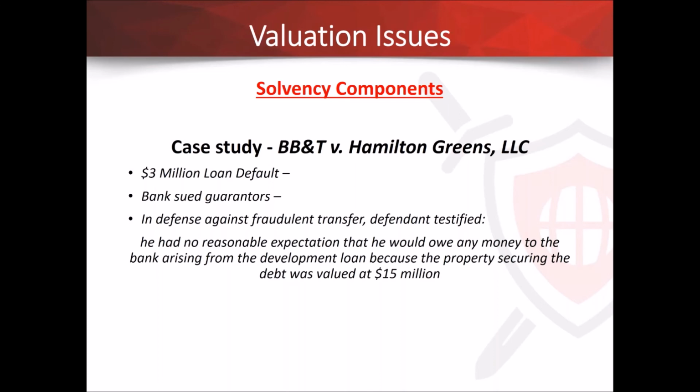One of the arguments we were making was, well, hey, wait a minute here. You're looking back. This was 2014, the property you say is worth $25,000, and he made transfers, so it was a fraudulent transfer. But at the time he made those transfers back in 2008, 2009, your client, the bank, had just gotten an appraisal that said this property was worth almost $1 million.